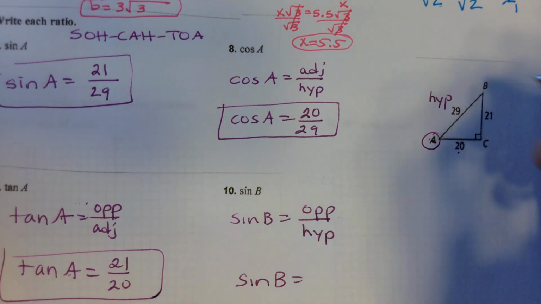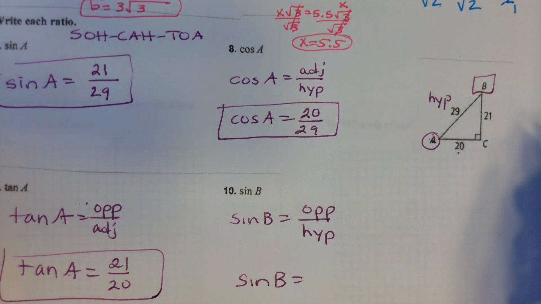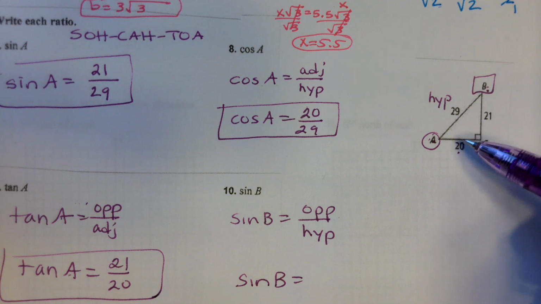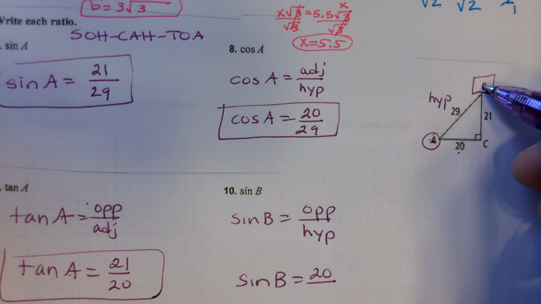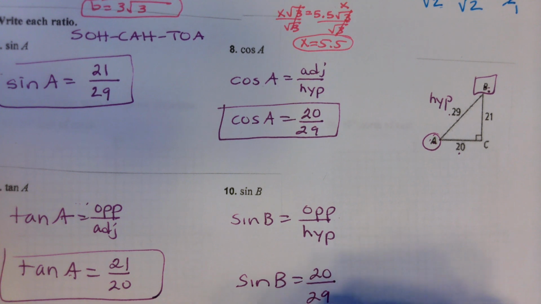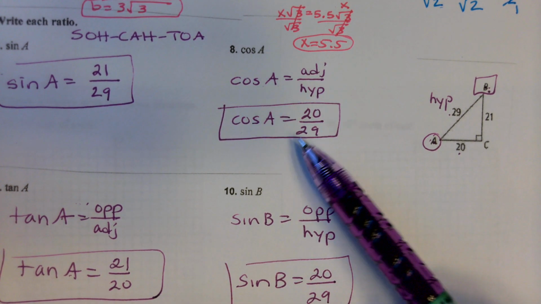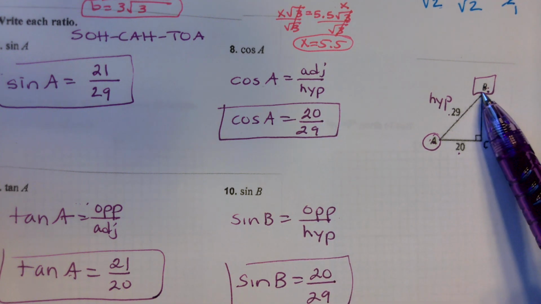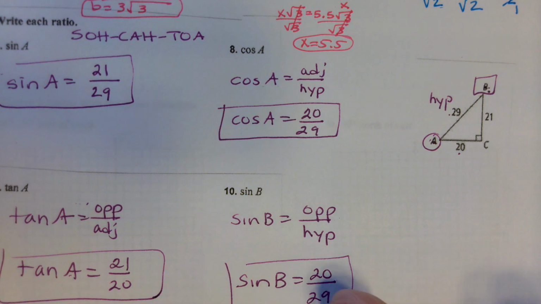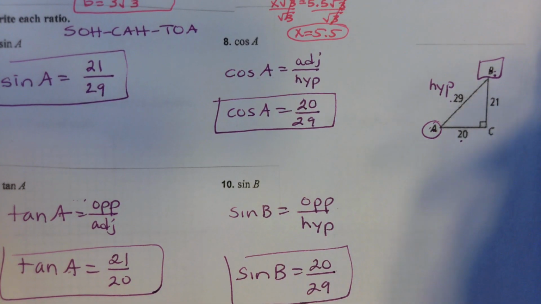I threw in a new angle, so I'm going to go up here and make sure I use that as my reference angle. And I need opposite of B, 20, over hypotenuse, 29. So isn't that interesting? The cosine of A is the same as the sine of B. And that is accurate. That is what happens.